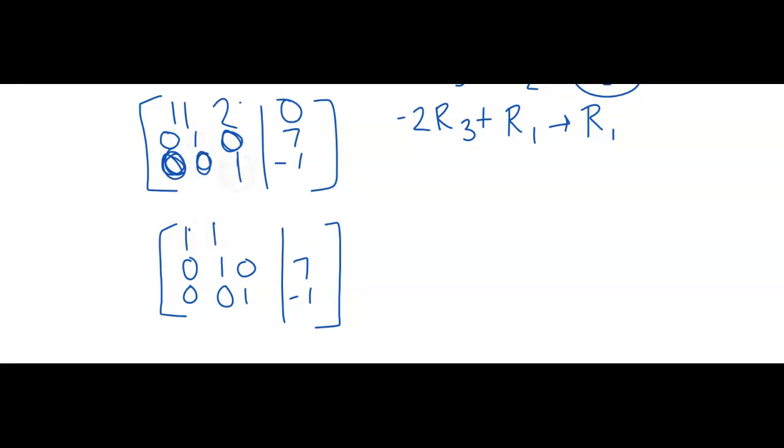Here I have -2 times 1, -2 plus 2, 0. -1 times -2, so 2 plus 0, 2. And then I also need to do that for this because everything that has a 1, I need zeros all the way above it to get into reduced row echelon form. So row 2 minus row 1, put that back into row 1.